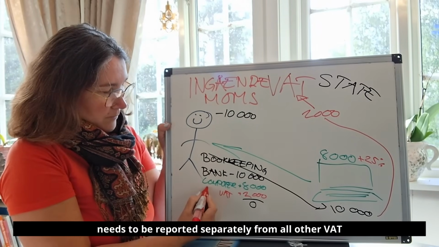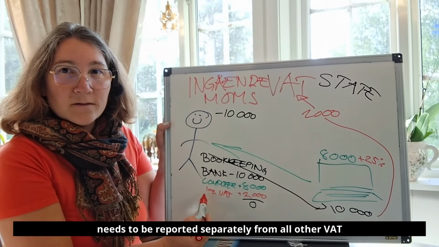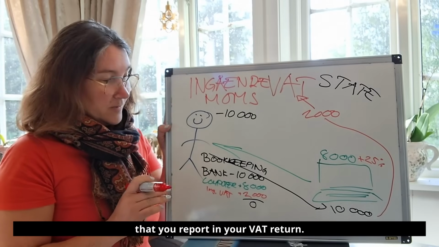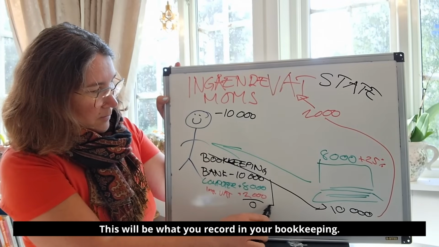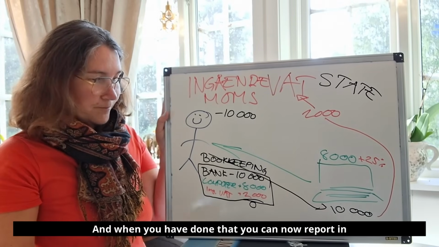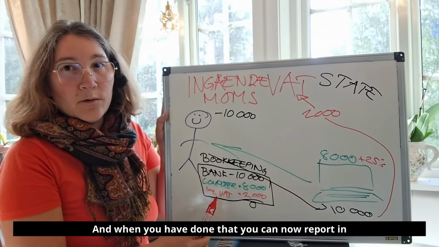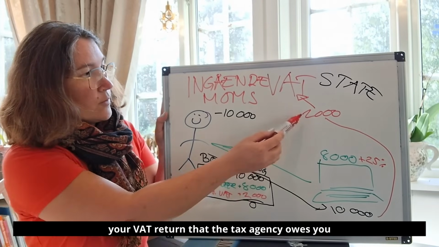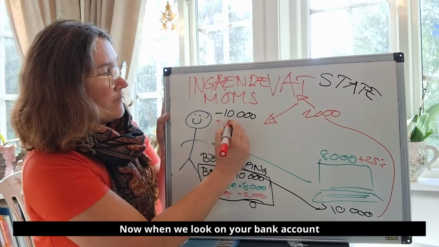So this one needs to be reported separately from all other VAT that you report in your VAT return. So this will be what you record in your bookkeeping. And when you have done that, you can now report in your VAT return that the tax agency owes you 2,000. So they will actually pay you back that money.